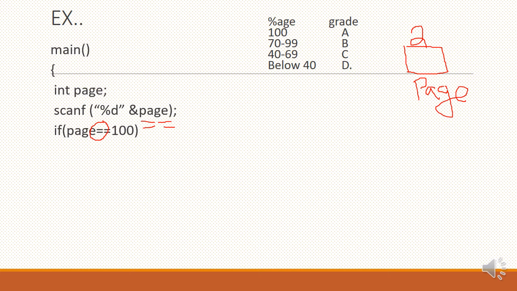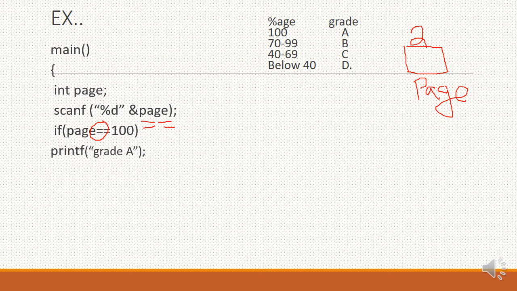Take two equal to signs and check that condition. If this percentage is equal to 100, what should it do? It should print that grade is equal to A. Whatever you want, you can print, that means the student got the grade A. Whatever you write in the double quotes is printed as it is.